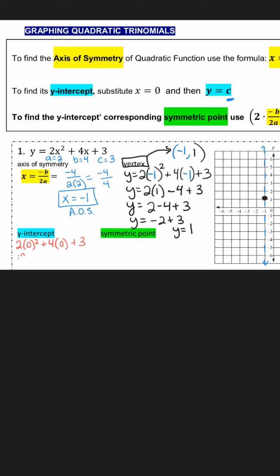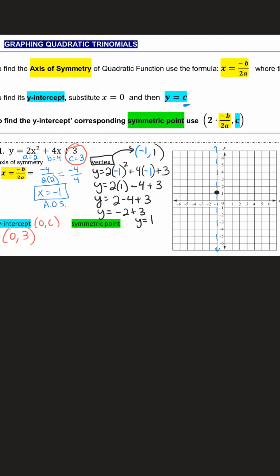Well, 0 squared is 0, so I get 2 times 0 plus 4 times 0, which is 0, plus 3. 2 times 0 is 0 plus 3. Well, that gives me 3. So c term was 3. So why do all that work? It's just going to be your c term. Don't do all the work. Save yourself some time. Let's just say that the y-intercept is at 0, 3. It's 0, comma c. Always. Okay, and our c term was 3.